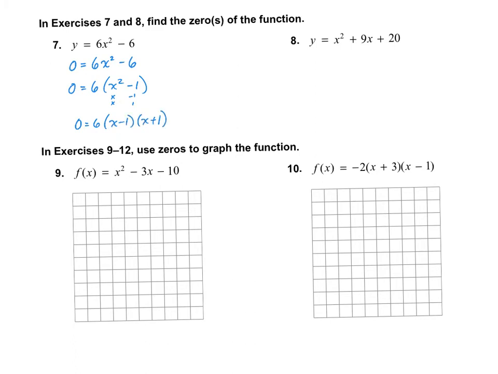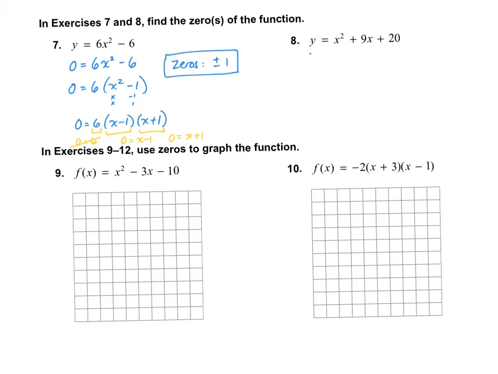So if you remember, we can ignore this 6 here because each piece of this is now equal to 0. Well, 0 equals 6 doesn't really make any sense, but 0 equals x minus 1 does. We can solve for x there, and 0 equals x plus 1, it also works. We can solve for x there. And when we solve for x on both, we get positive 1 and -1. So that means my zeros are positive 1 and -1.